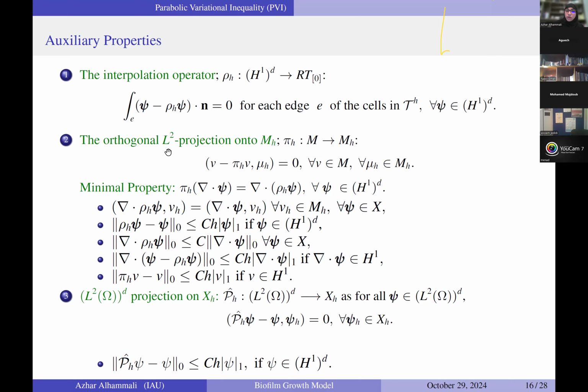The second operator is the orthogonal L2 projection on M0, defined like this. These 2 operators are connected to each other by this minimal property, and we use it in our estimation. And they both satisfy these estimations. Also, we used here the L2 projection in XH RT0, okay?